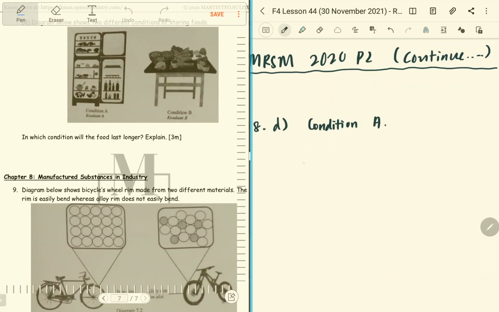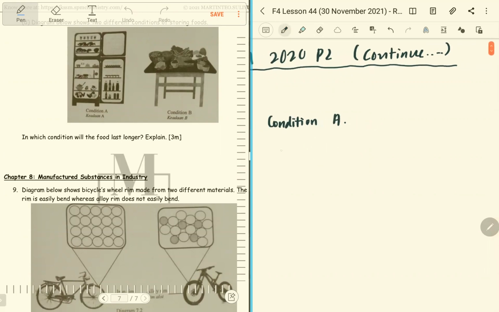Then explain why. Condition A has lower temperature. We need to explain why lower temperature will be better. This has got to do with rate of reaction.